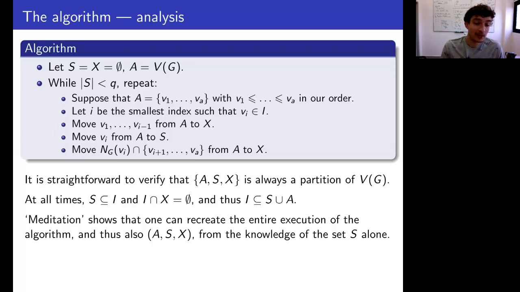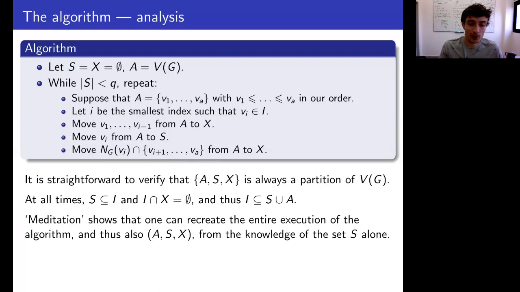Now, some meditation shows that in order to recreate the entire execution of the algorithm, one doesn't need to know the set I itself, but it's enough to know the set S. The essence of the argument is that we only ever look at the smallest element in our ordering that belongs to the set I, and this is information that we can recover based on the set S. If in the second line of the while loop I replace I by S, then the resulting output of the algorithm would be identical.